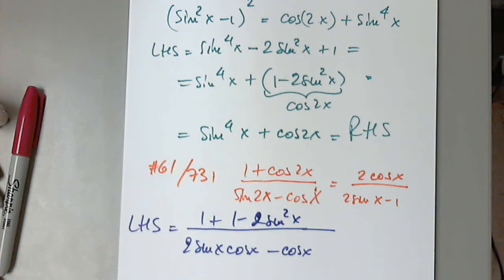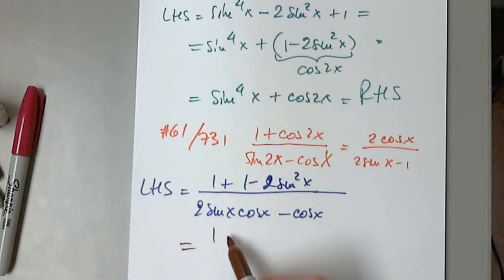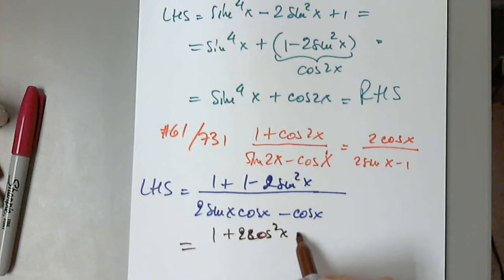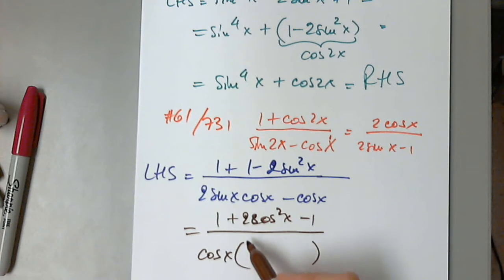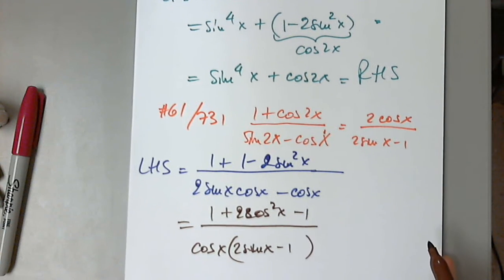So once I look at it more carefully, then maybe I should do that. Don't erase this. It's the same with 1 plus 2 cosine squared x minus 1. I will factor out cosine x, and I get 2 sine x minus 1.